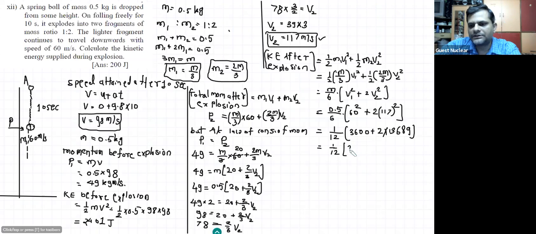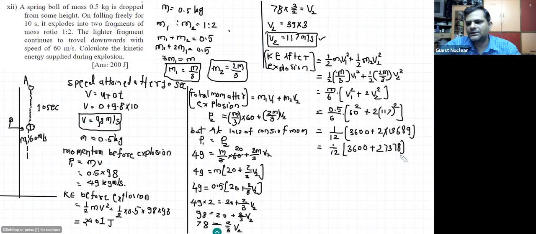In bracket it is 3600 plus, here it is going to be 2 9s are 18, 1 carry, 2 8s are 16, 1 plus 1 17, 1 carry, 2 6s are 12 plus 1 13, again 1 carry, 2 3s are 6 plus 1 7, and 2.